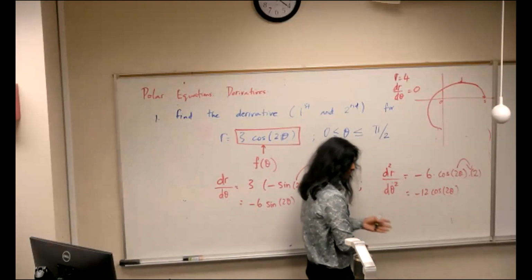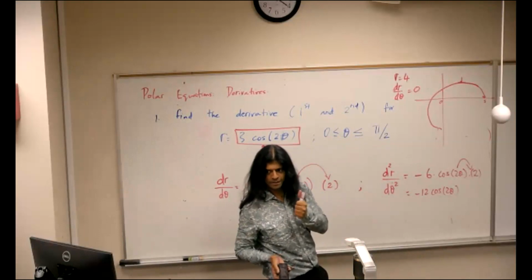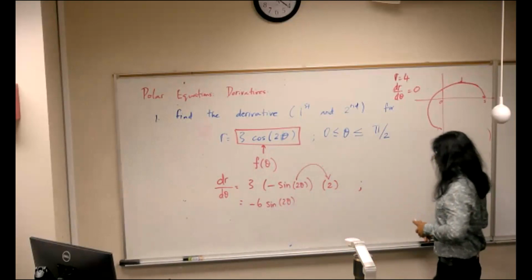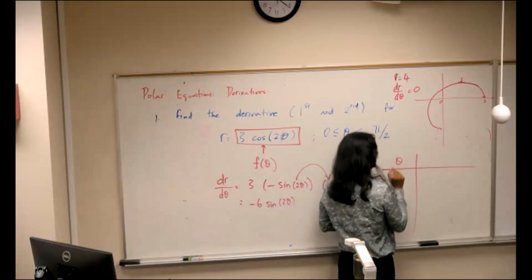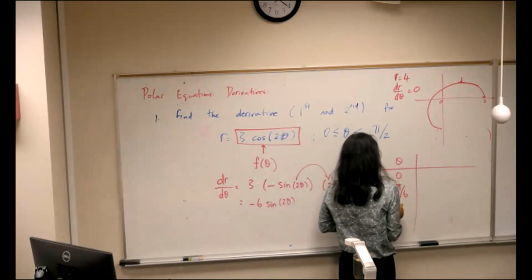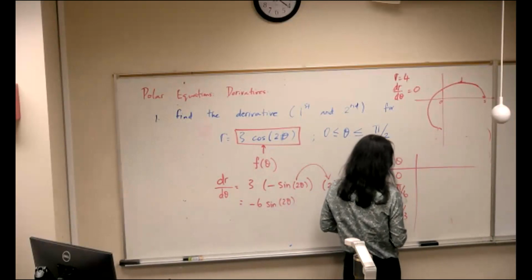Take the derivative of the first derivative with respect to theta one more time. Good? Okay. 0 to pi over 2, theta, start with 0, pi over 6, pi over 3, good enough, to pi over 2.